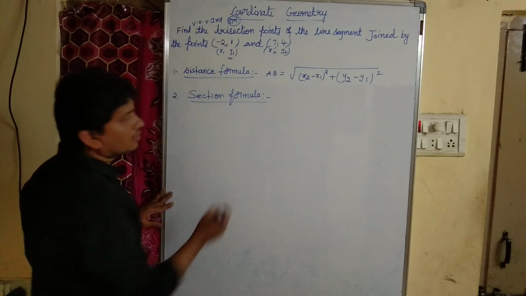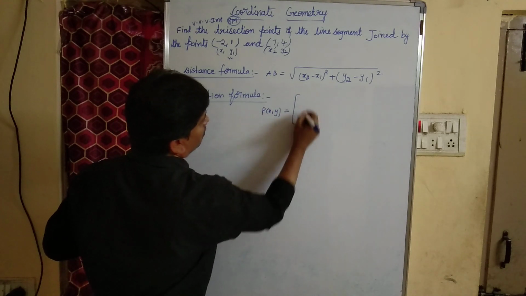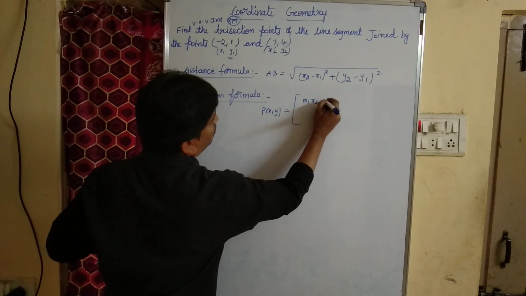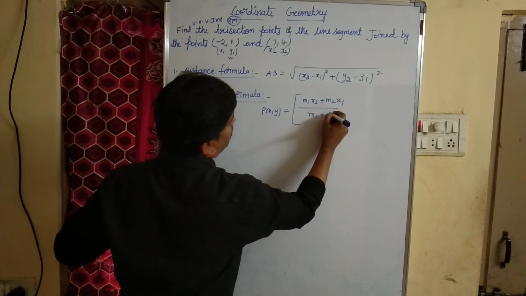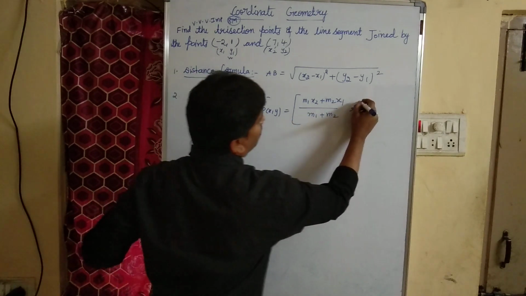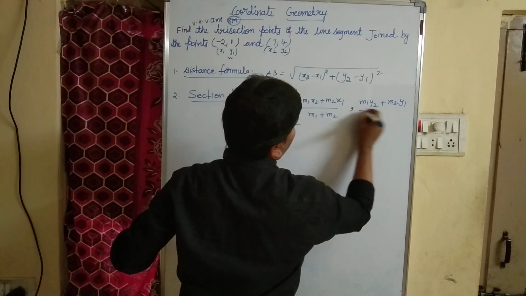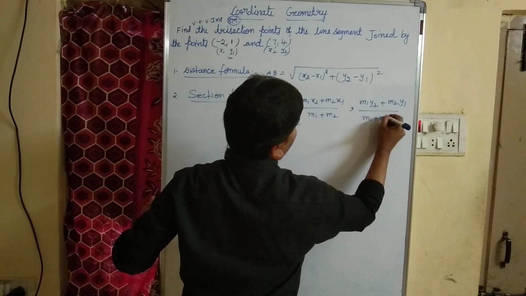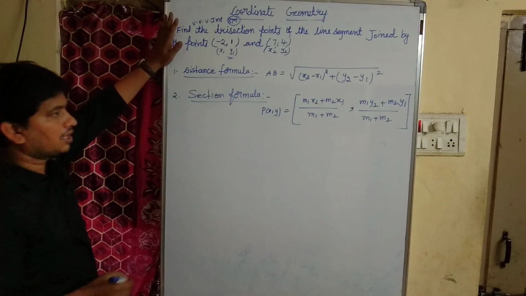P of x comma y equal to m1 x2 plus m2 x1 by m1 plus m2 comma m1 y2 plus m2 y1 by m1 plus m2. This is our section formula.